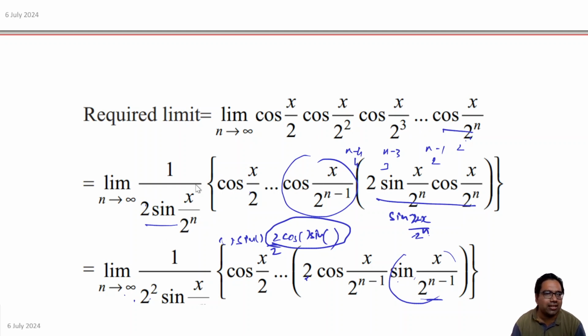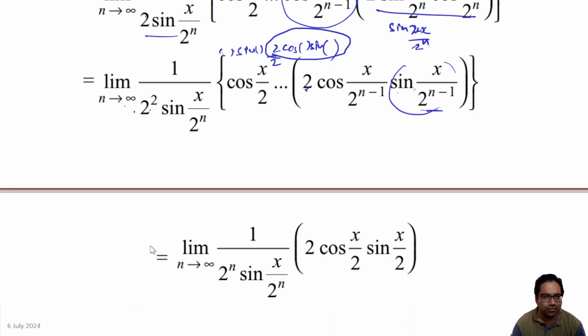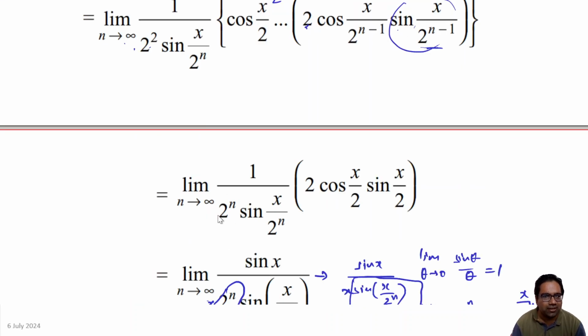So one sin(x/2^n) is sufficient to compress all of this product, and we should keep attaching a 2 for each n, for every power. There are n 2's, so for every iteration we have to attach a 2. So this factor will become 2^n. Right, guys? Thank you.